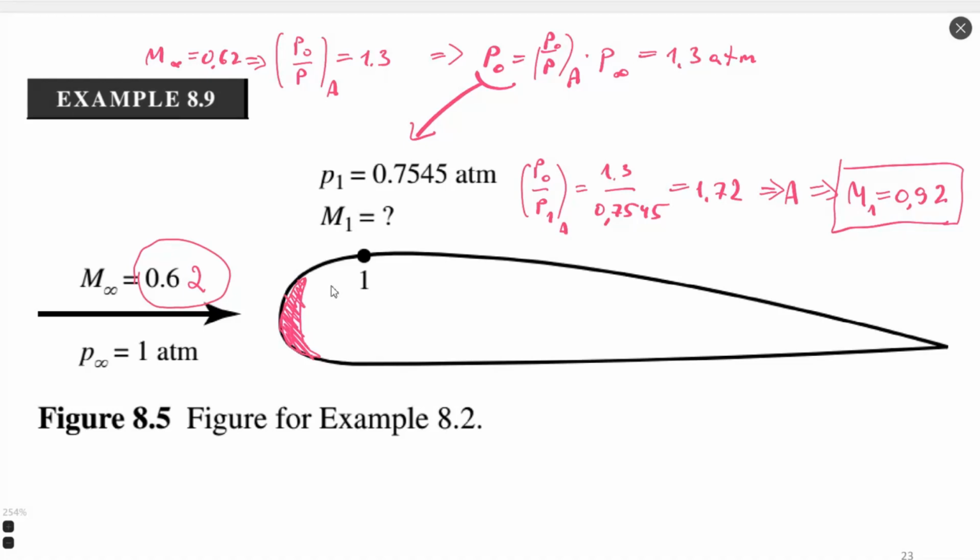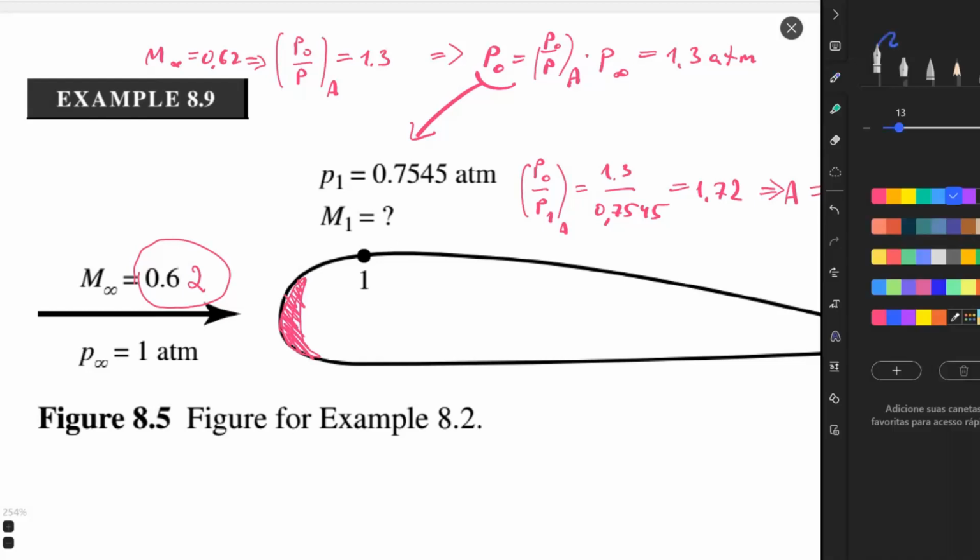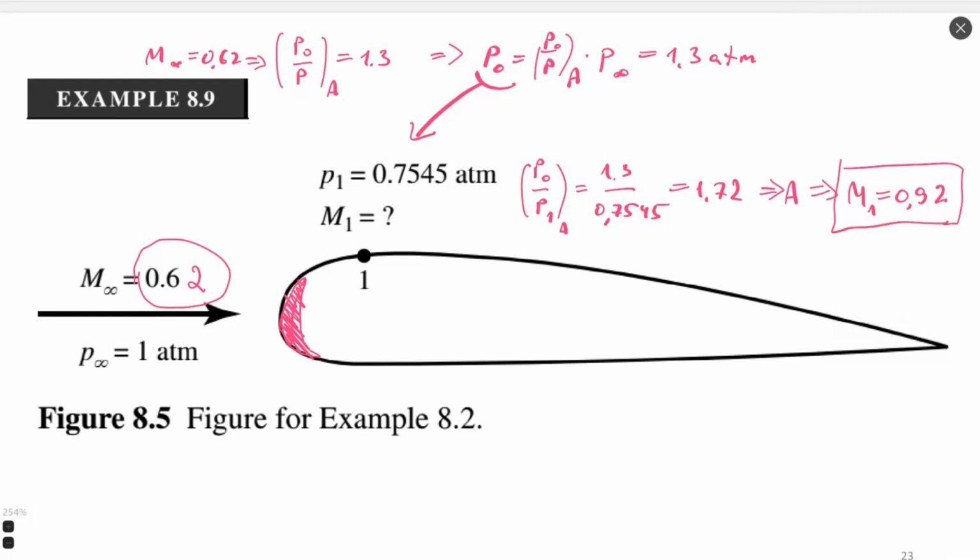Another comment is the following: since we work with just pressure, we have pressure at the input of our system, so we can have as output only pressure values, either stagnation pressure or static pressure.